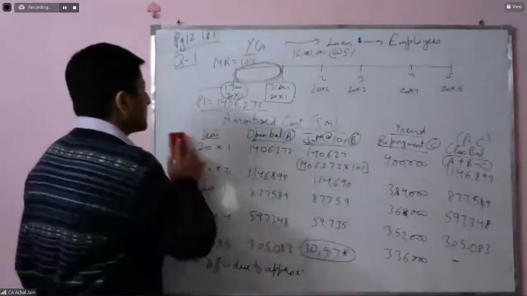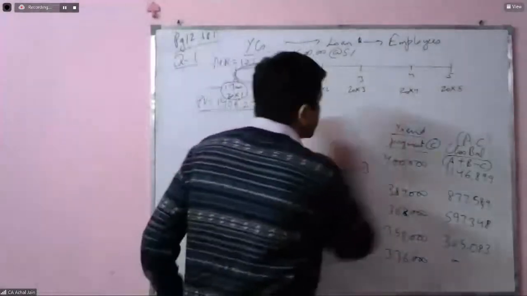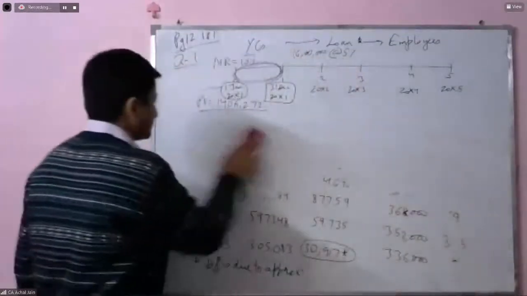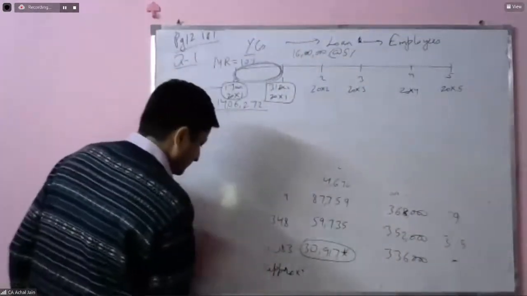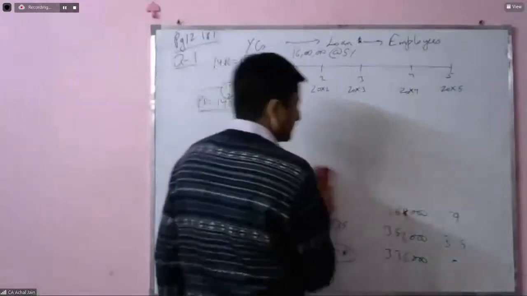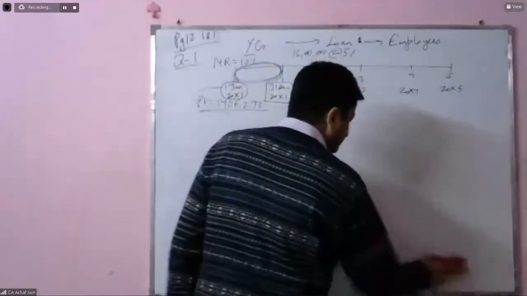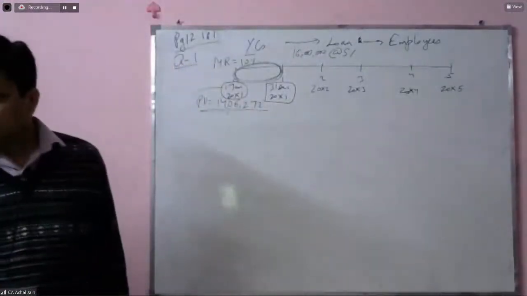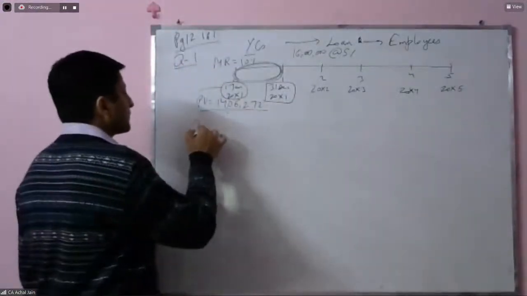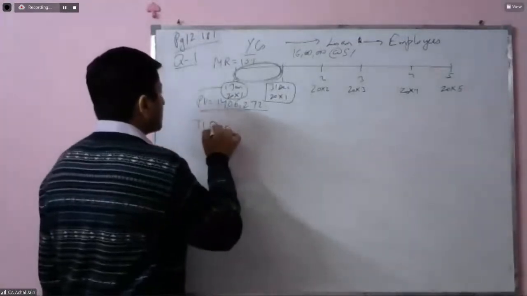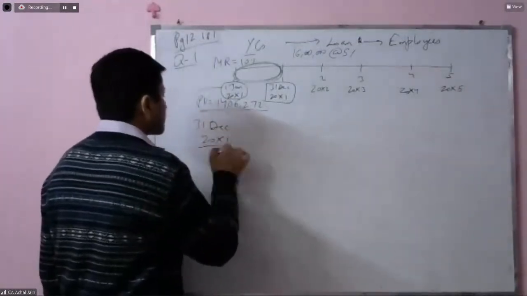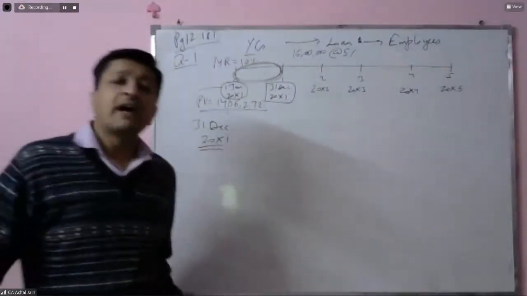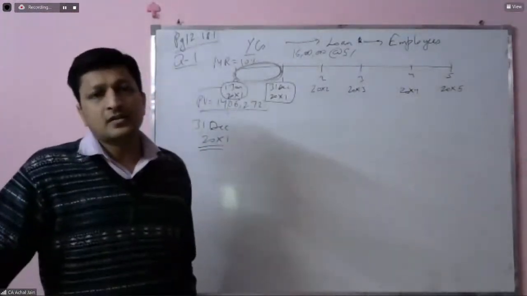So let's go down to those accounting entries at the year end. On 31st December 2000 X1, the first entry will require accretion of interest.